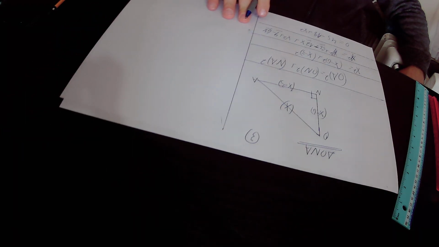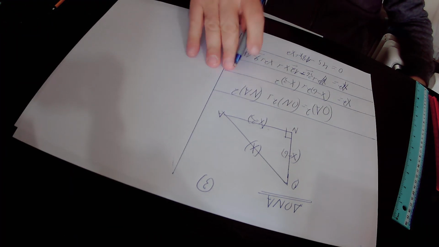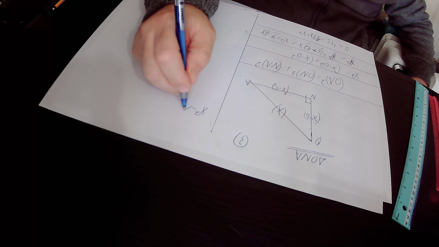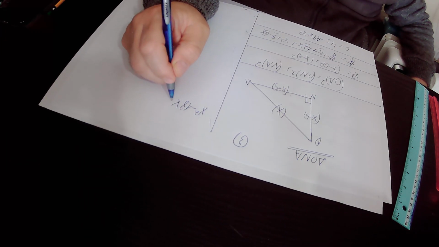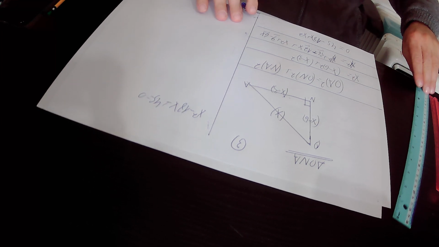In conclusion, we found out that x squared minus 18x plus 45 equals 0. So we have here a quadratic equation.